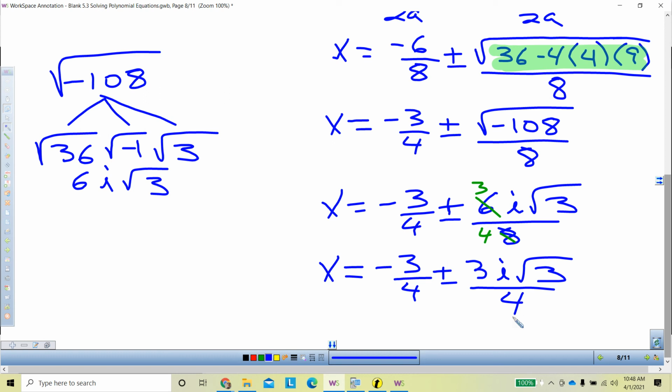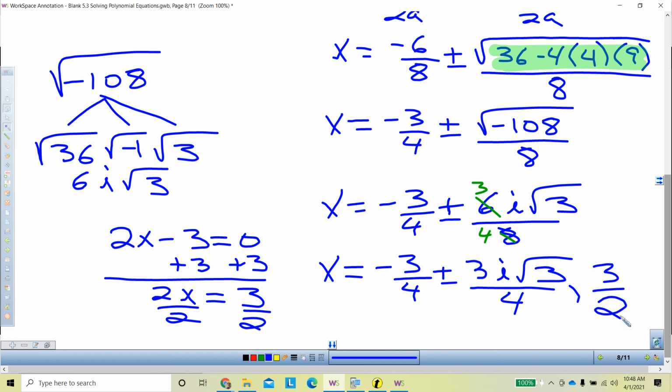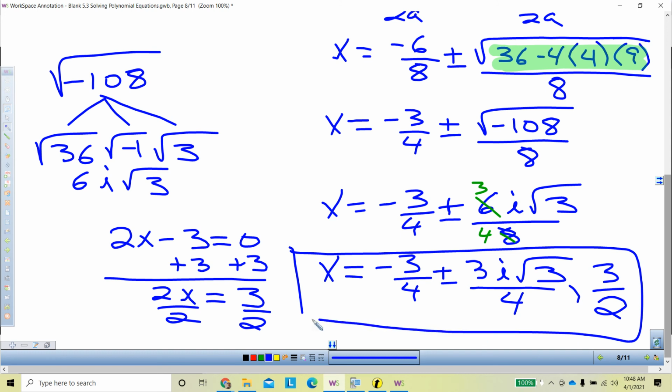How many do I need? 3. Oh, yeah. So we have that 2x minus 3, that first parenthesis we did at the beginning. That's our third answer. And the good time was had by all. Or not.